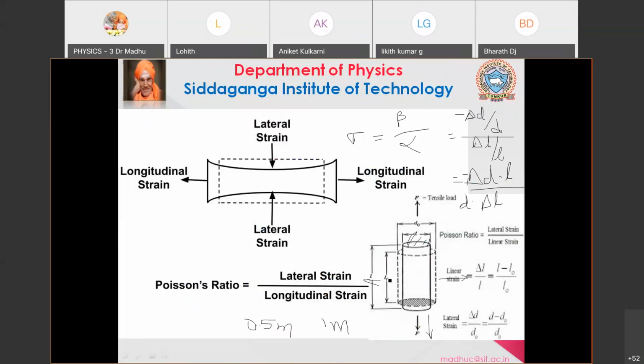In that case, the diameter is going to increase, but the length is going to decrease. This is also possible. So based on the direction in which you apply the force, you can have a decremental or incremental change in the diameter, so you will get the negative in either the numerator or the denominator.